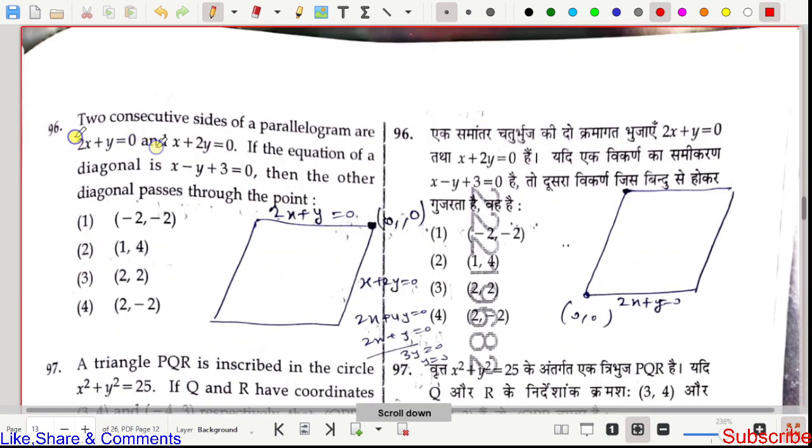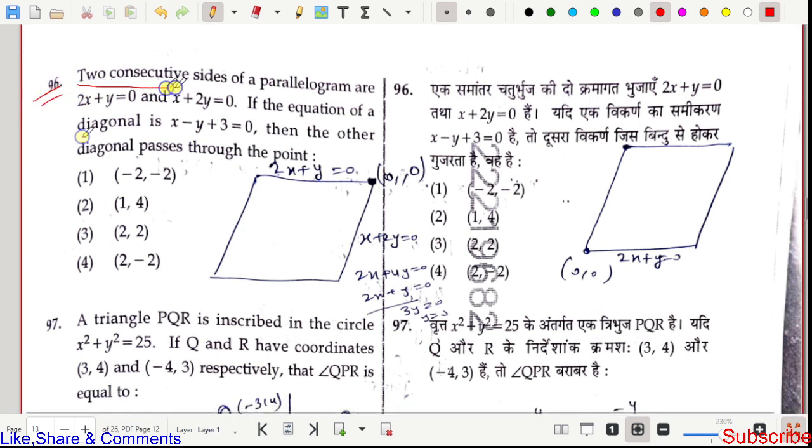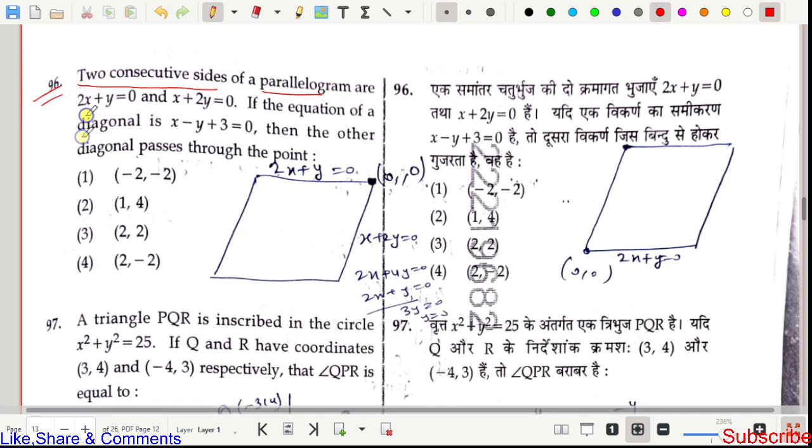So see the next question, number 96. Two consecutive sides of a parallelogram are 2x plus y equals to 0 and x plus 2y equals 0. If the equation of a diagonal is x minus y plus 3 equals 0, then the other diagonal passes through the point. So one parallelogram is given with two consecutive sides.